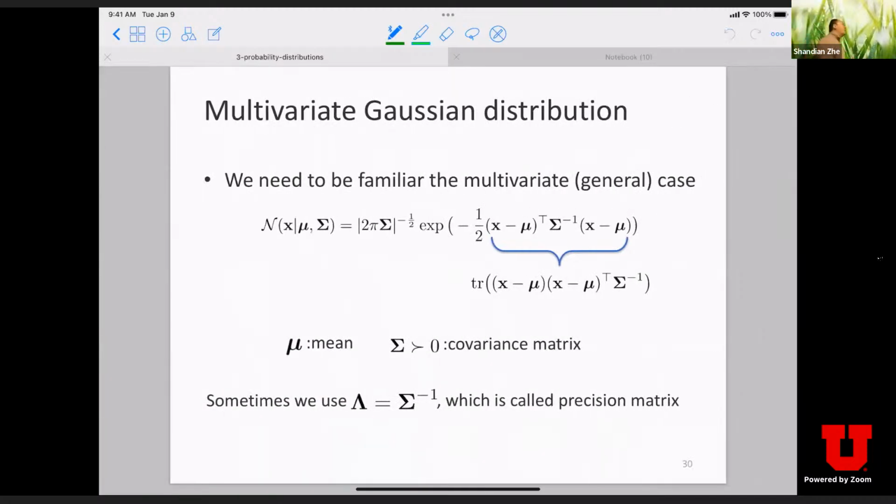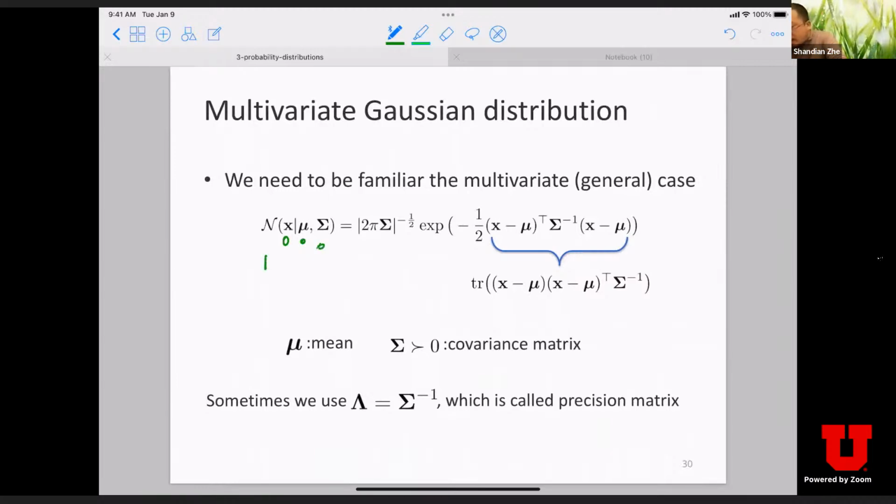But our major focus will not be the single variable case, right? Our major focus is the multivariate Gaussian distribution, and this is extremely important for probabilistic learning. So in general, if your random variable is actually a random vector, say k-dimensional, we say x follows a multivariate Gaussian distribution, which means that it is parameterized by the mean vector mu and the covariance matrix sigma.